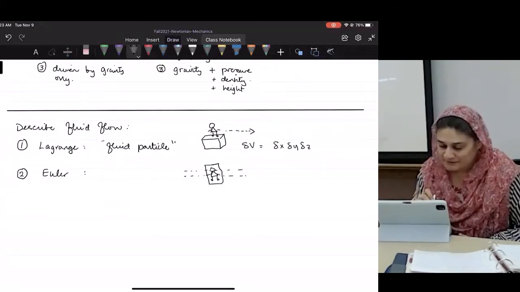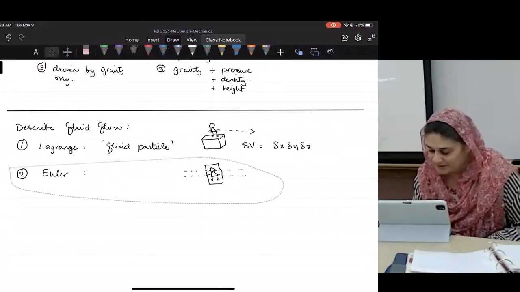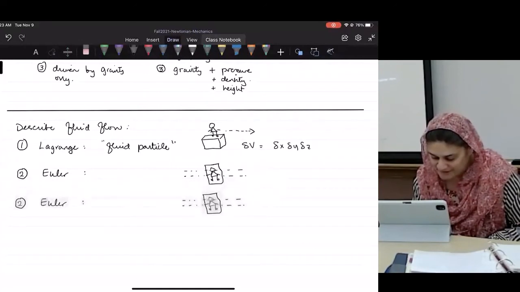Okay, so now let's look at the proper definitions of both of these things. Ready? May I move this a little down so I have room to write things?